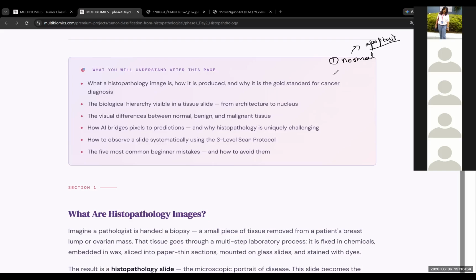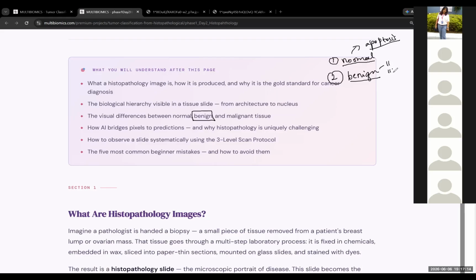Okay, but when the disease has just started and it is turning into a benign tissue, at that time the normal cell is benign. Okay, so this is the second stage, benign.